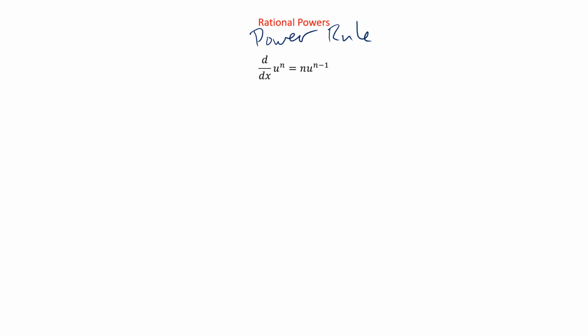And if it's like u to a number, well, that takes into account the chain rule, because we would have n times u to the n minus 1 times du. So how would these work? Let's say that y equals the square root of x.